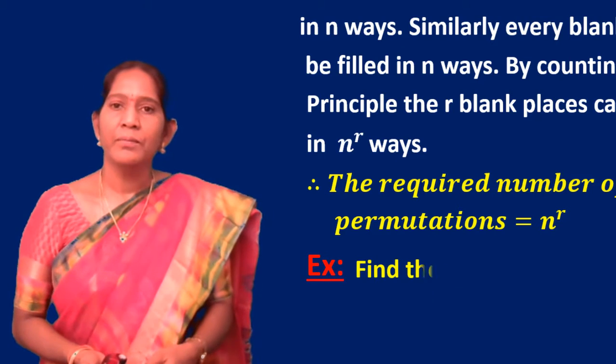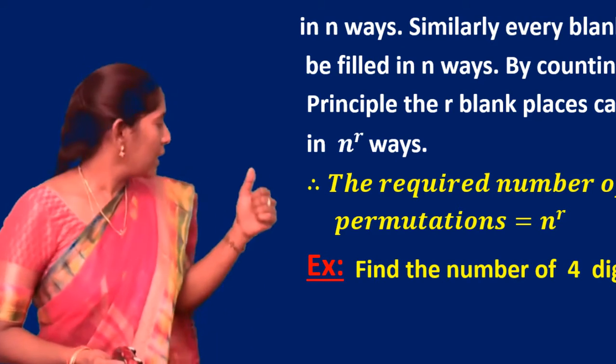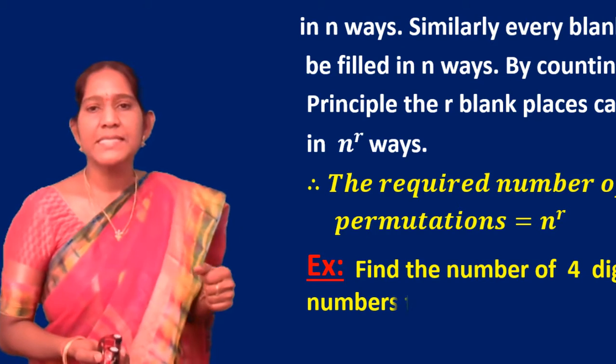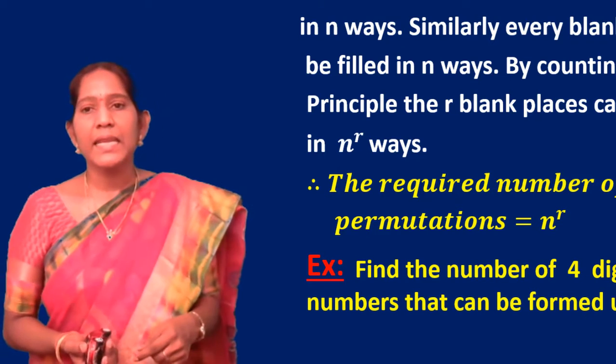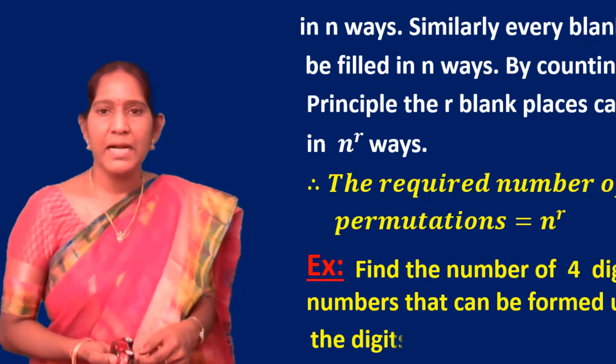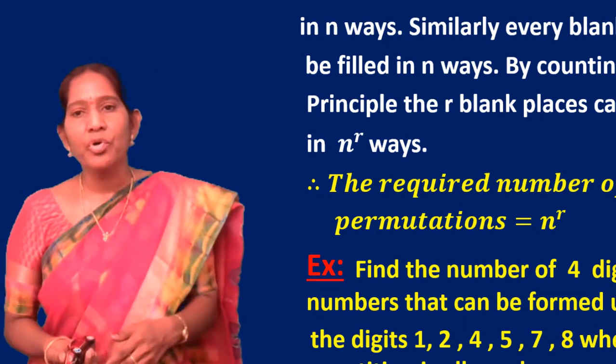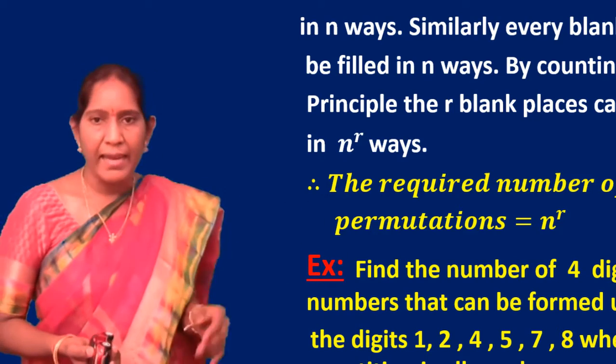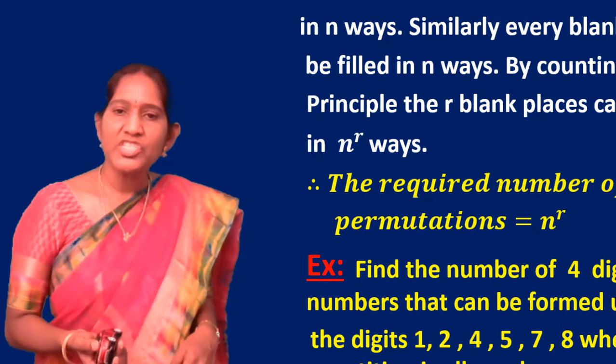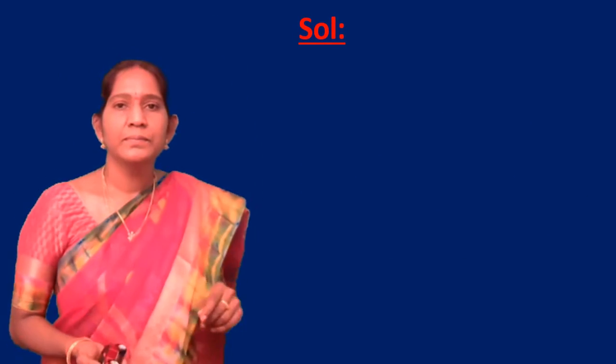See the example. Find the number of 4-digit numbers that can be formed using the digits 1, 2, 4, 5, 7, 8 when repetition is allowed. Solution.